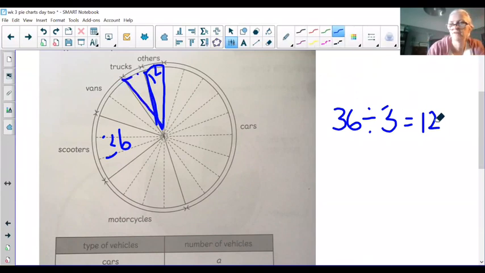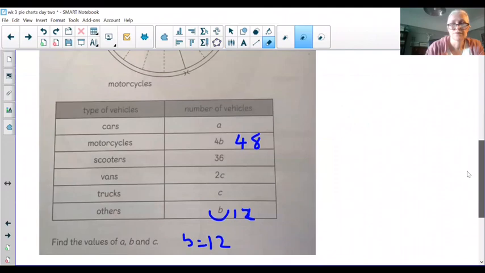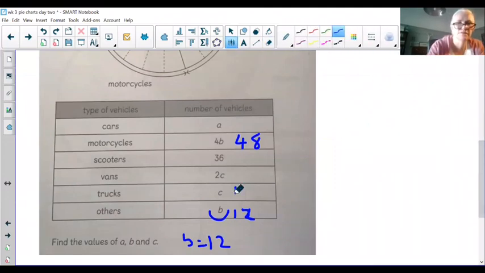Let's see, is that right? So trucks is also 12. And vans is 2 lots of C, so that is also 12 times 2, which is 24.